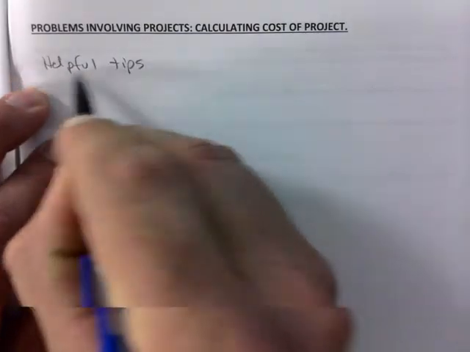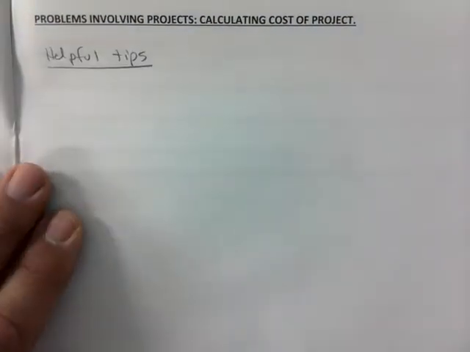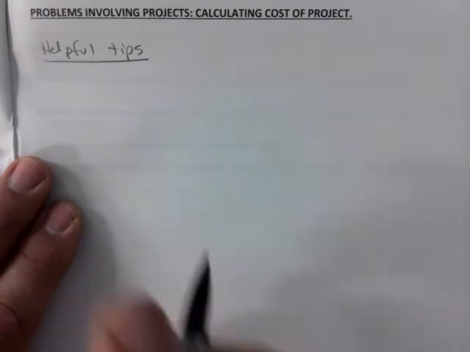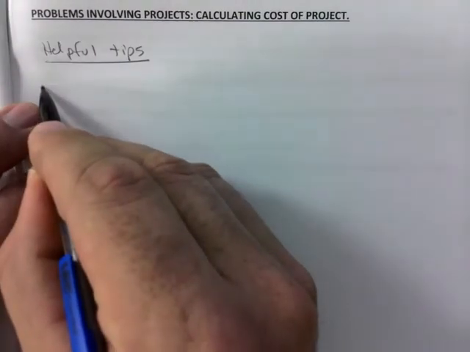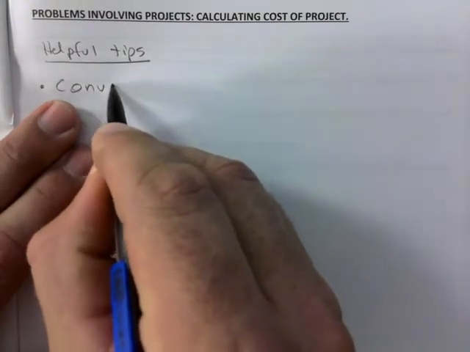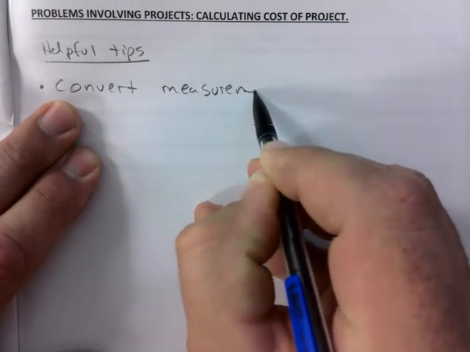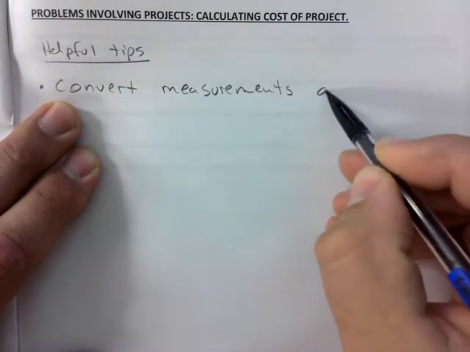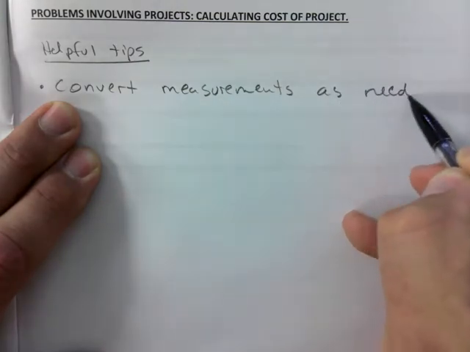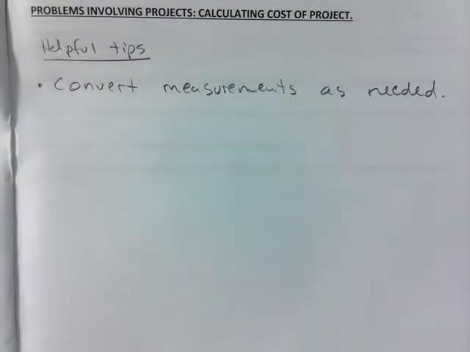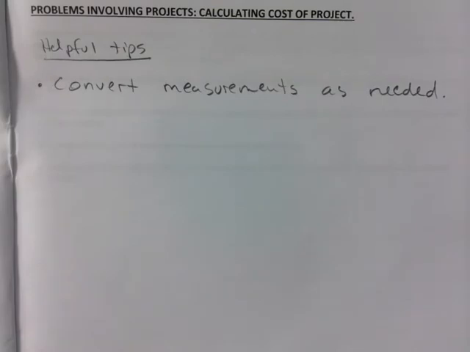When it comes to projects, because they kind of get pretty long, I would say this: convert measurements as needed, right? So basically scan first. Scan your question, highlight, oh, yards, feet, what's going on here? I need to maybe do some converting, okay?